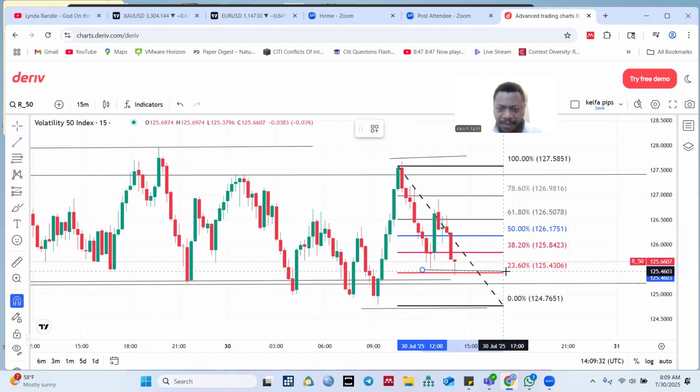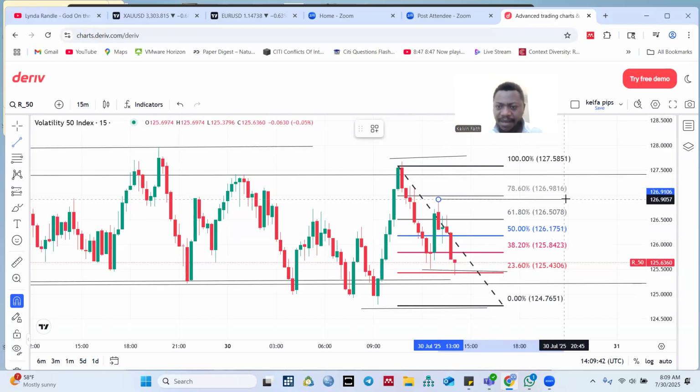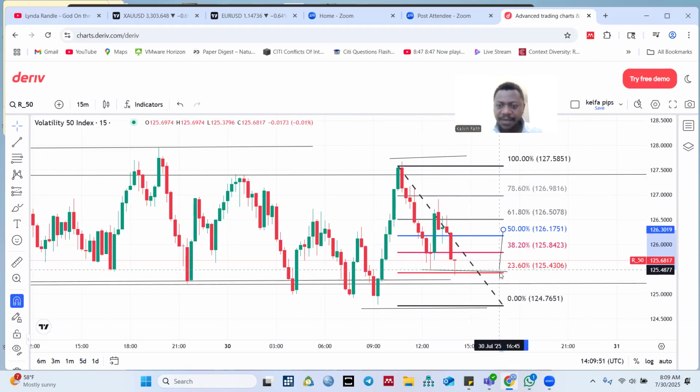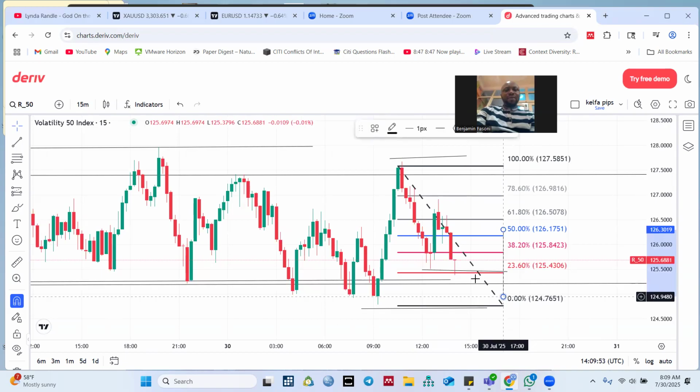So if it perfectly breaks this low, I would expect another pullback, but maybe I might not expect a pullback that will take out this high. Maybe I will expect a pullback that will come to equilibrium, like 50% here or 38%, and then I will enter my trade.